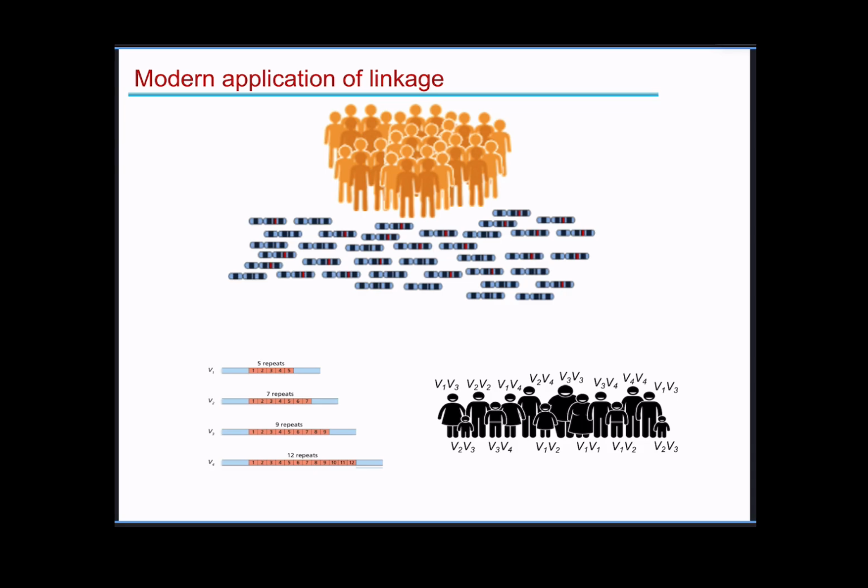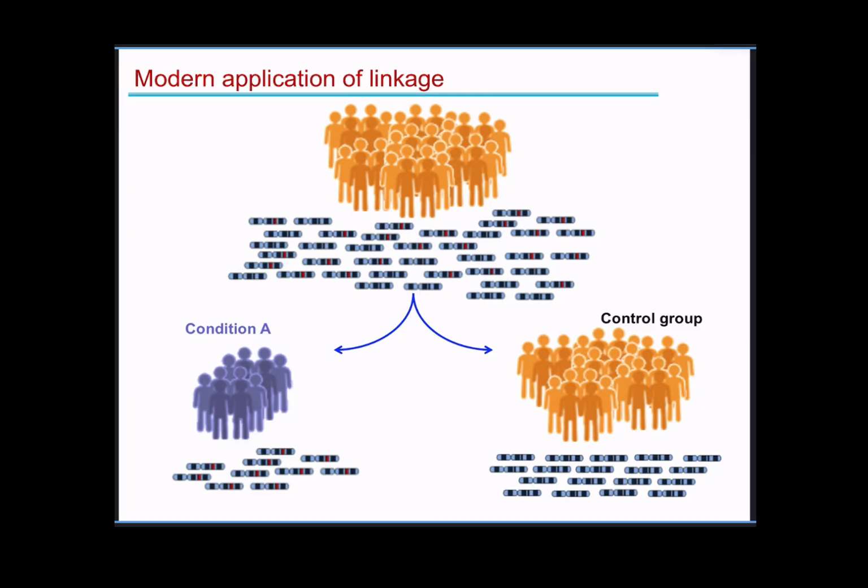So you grab any group of people, and some will be V1, V3, some will be homozygous V2, some will be V1, V4, and so forth. We did this with the paternity test and the crime scene, right? So everybody has some sort of molecular fingerprint that we can quickly establish. What happens is, when you're interested in a given condition, you may not know where the gene for that condition is.